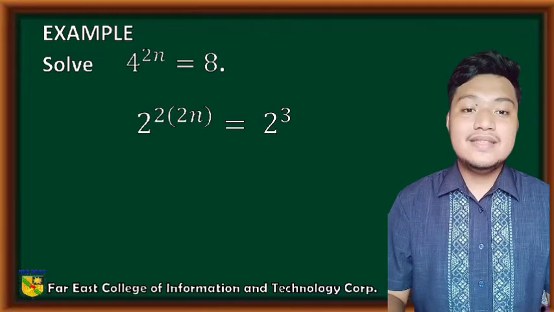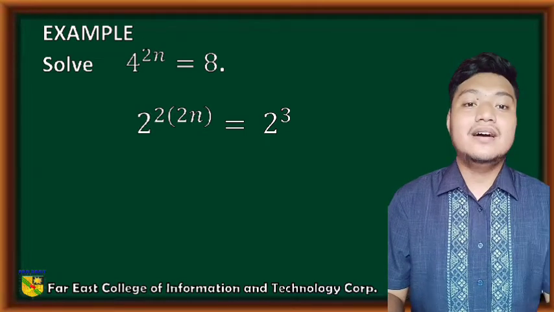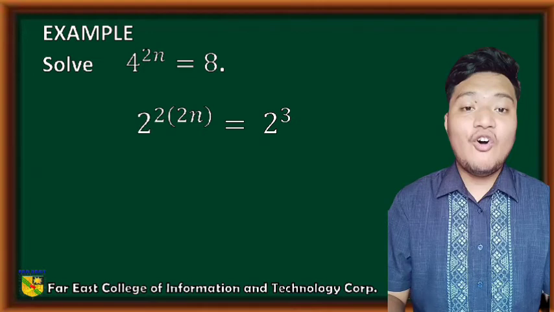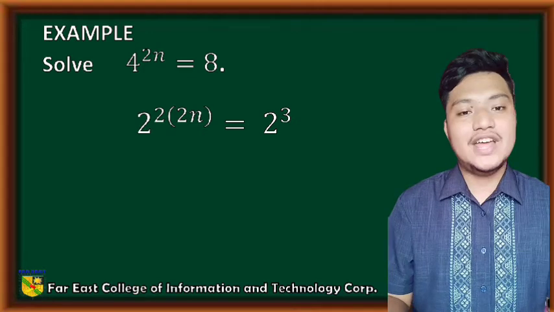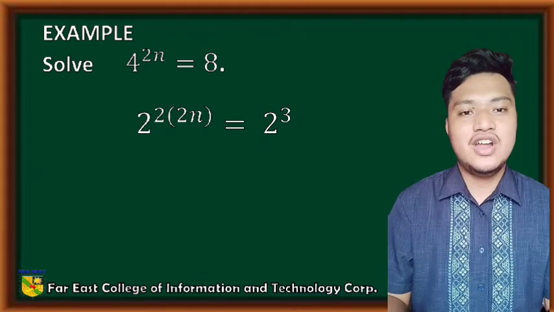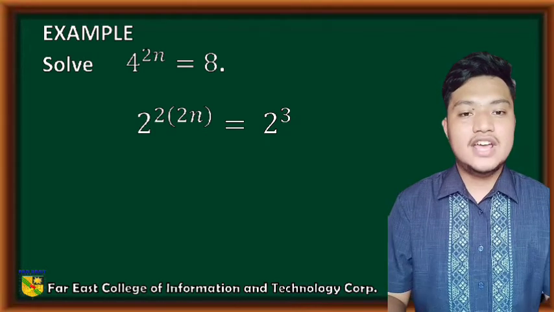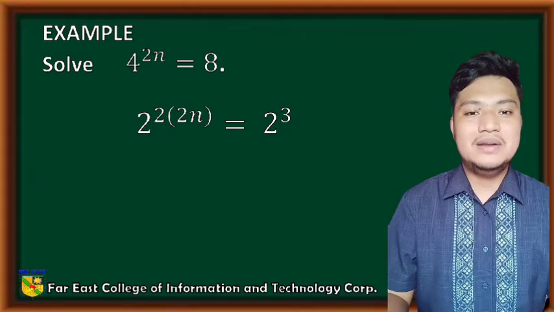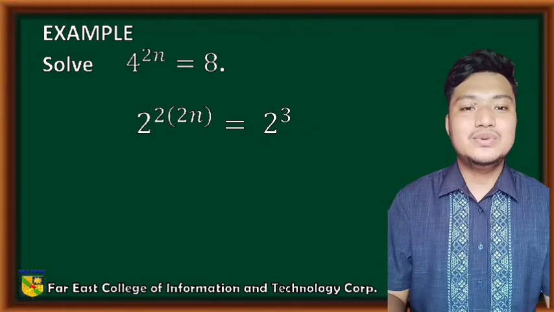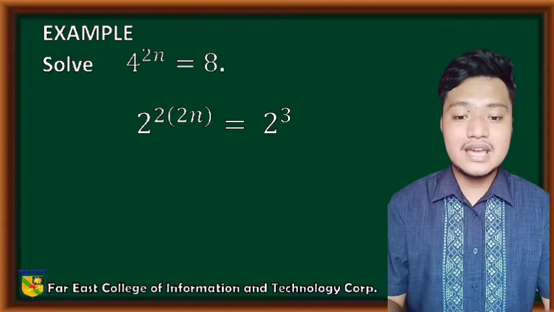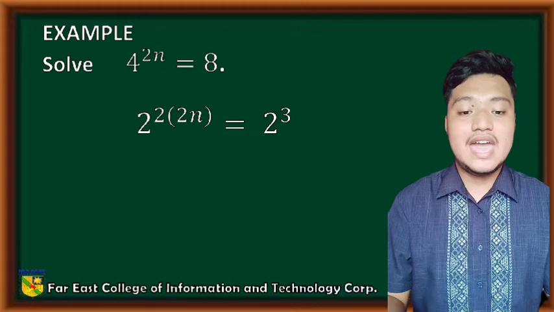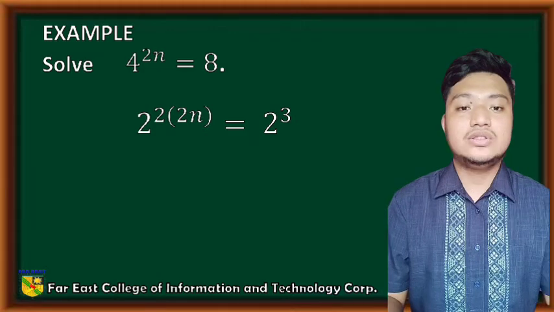So, ang gagawin natin is, kung ang 4, gagawin natin siyang exponential form. So, ano ba yung exponential ni 4? 2 to the 2 power. Ano ba yung exponential ni 8? 2 to the 3rd power. So, 2 to the 2, to the 2n is equal to 2 to the 3rd power.